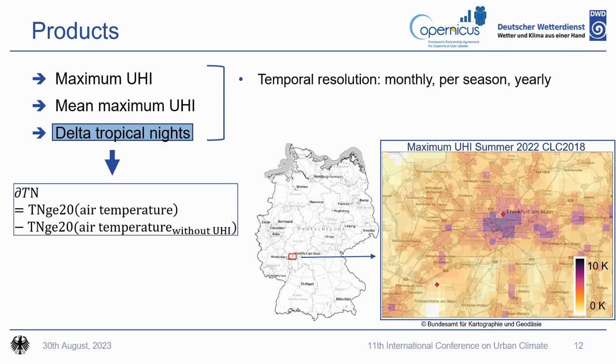And there will be an additional product that we call Delta Tropical Nights, which is the calculation of the tropical nights from the temperature layer and the calculation of the tropical nights from the temperature layer minus the UHI effect. So to have a kind of reference, by how many tropical nights could this grid cell be reduced if there wouldn't be any urban structure?